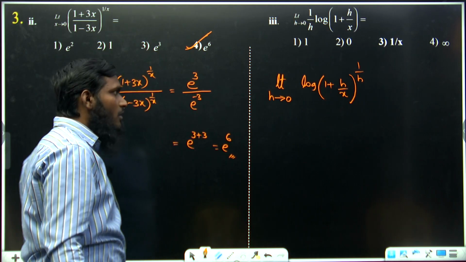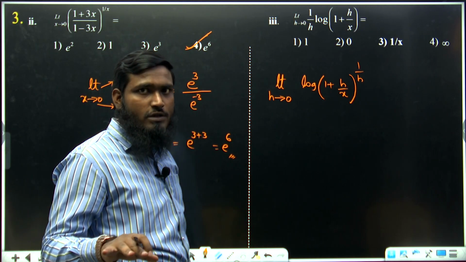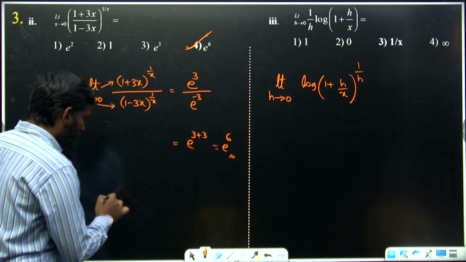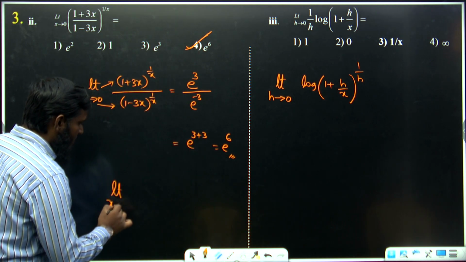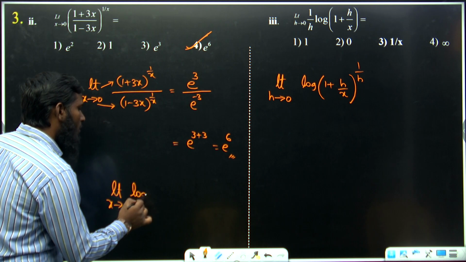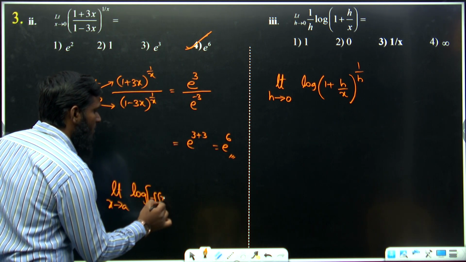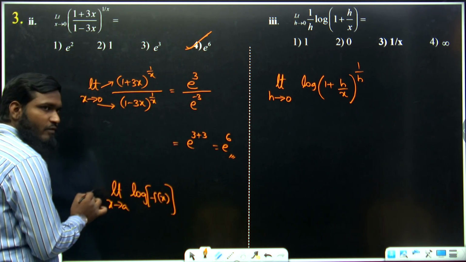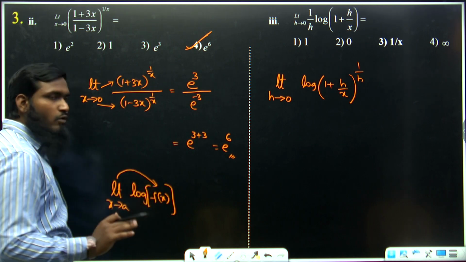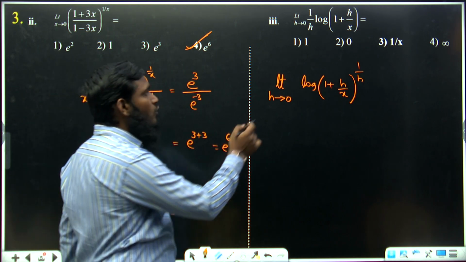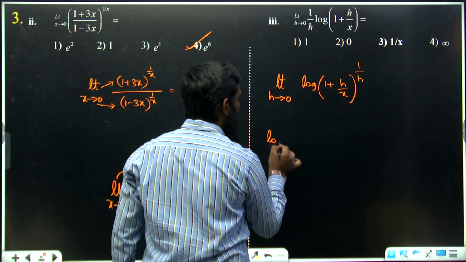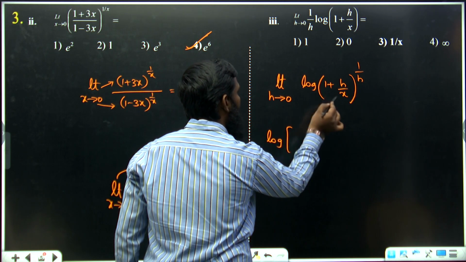As we discussed in the first video also, if we have log f of x, we take limit x tends to a of log f of x. So log we keep as it is and we apply the limit only to the function. Similarly over here, we write log as it is and apply the limit to this part.